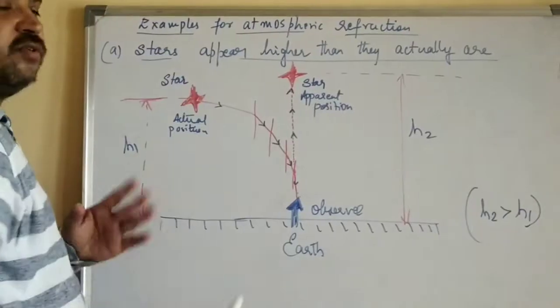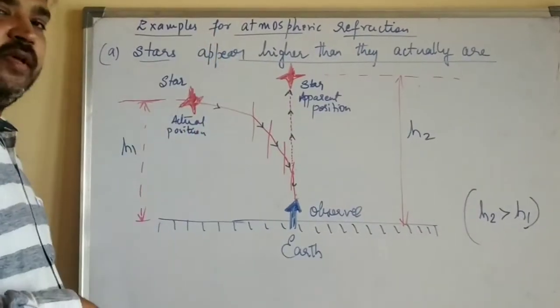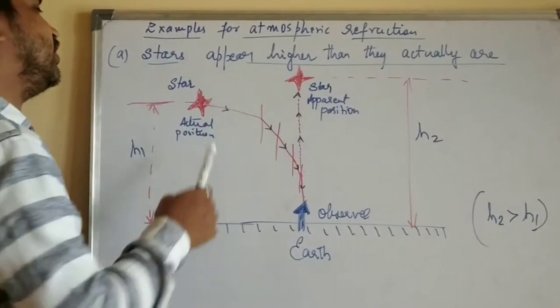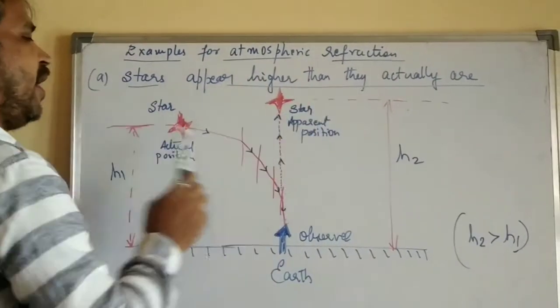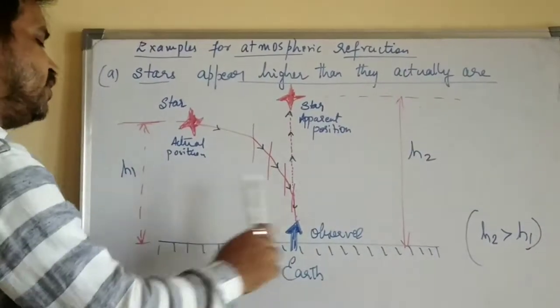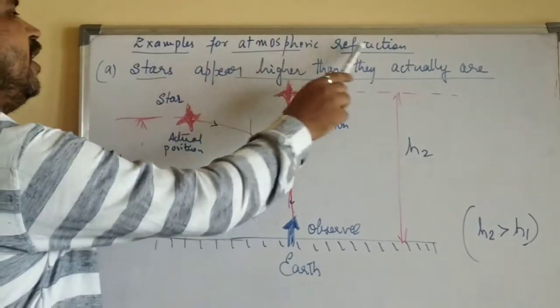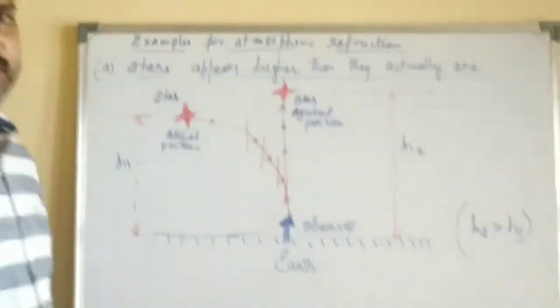So this is also one of the phenomena that happens in nature, that is, stars appear higher than they actually are. The reason for this is the atmospheric refraction.